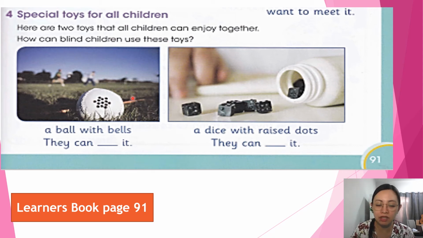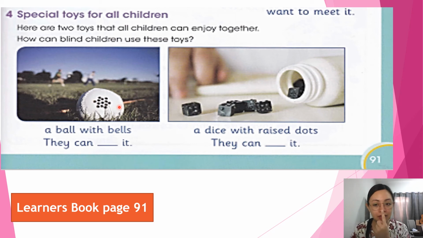Okay, look at this picture. What is this? What can you see? Yes, it looks like a ball. Okay, now a ball with bells. Look, the ball with bells. So, if the ball has a bell, can they taste it?